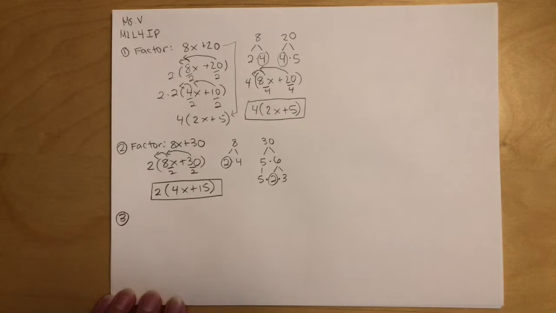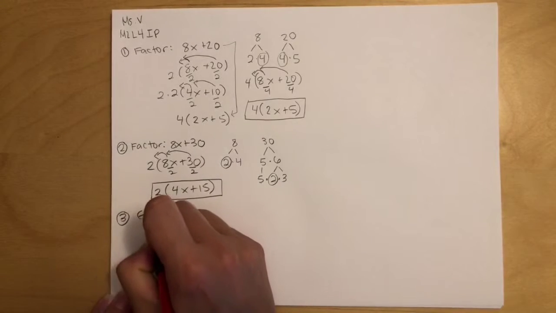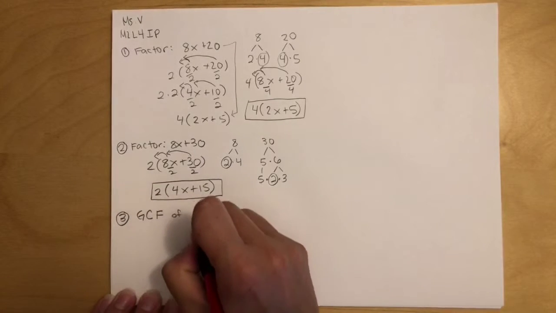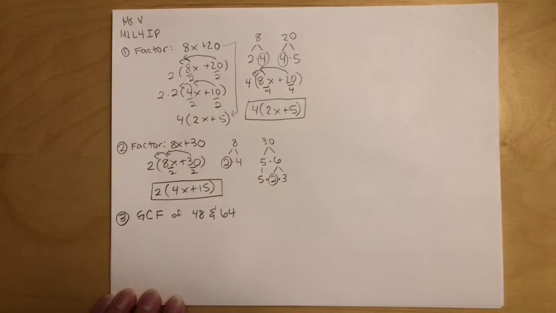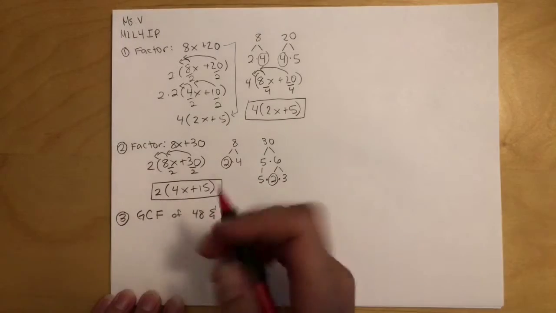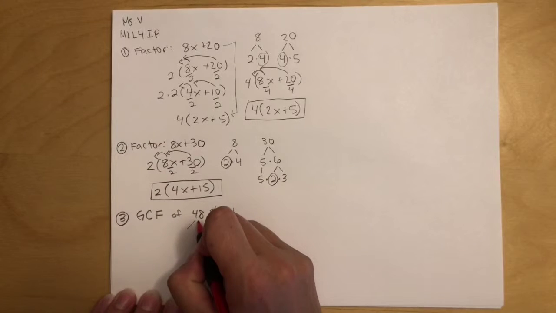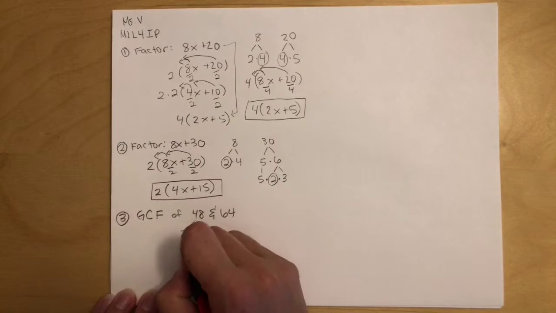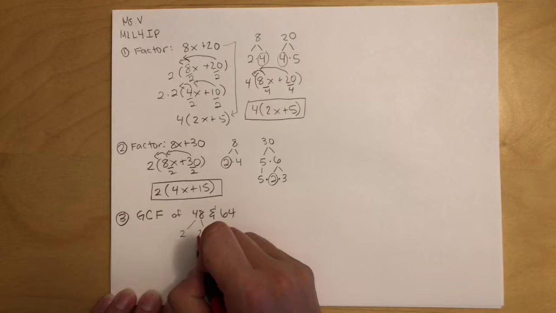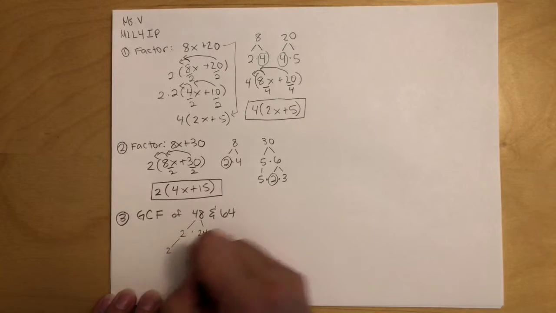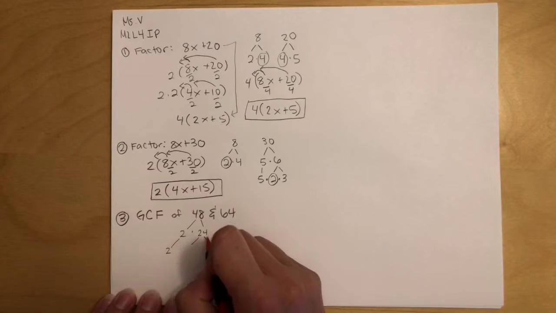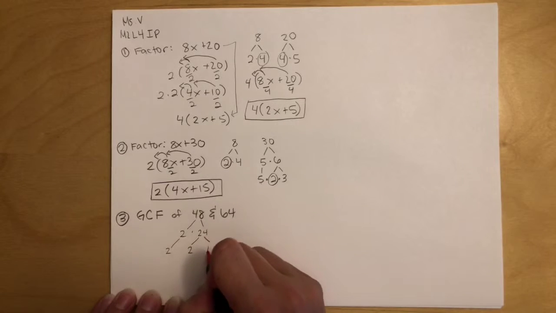Number 3, the greatest common factor of 48 and 64. Okay, so we'll make some factor trees. 48 would be 2 times 24, and we can bring this down further. 24 is 2 times 12.